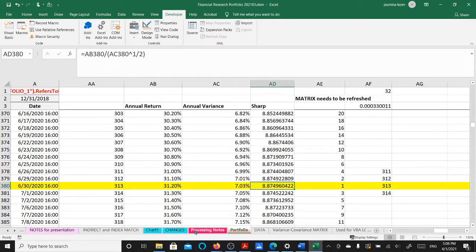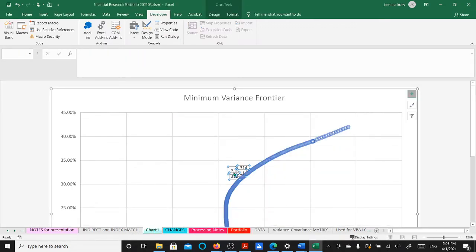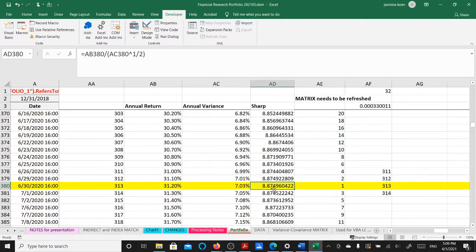It lands about here on the efficiency frontier. Here's my labels. It's in this location. With so much data, it's easier to read everything under the chart.